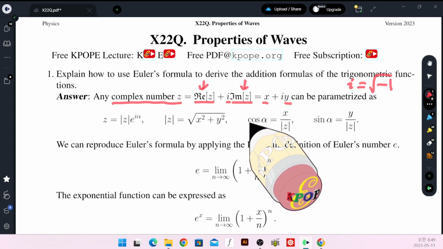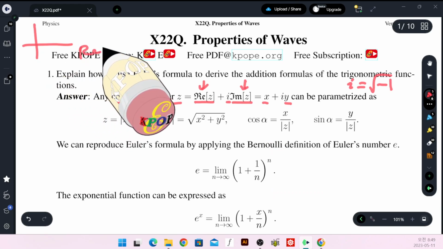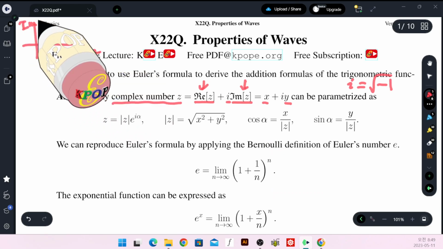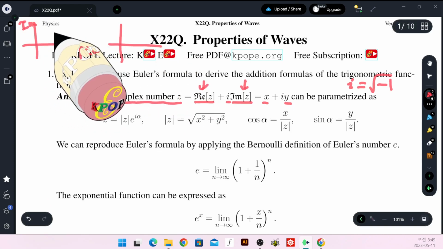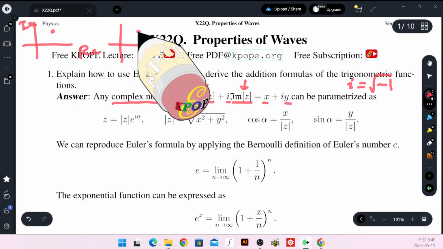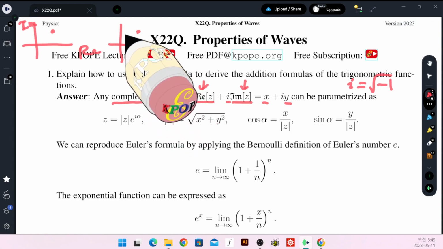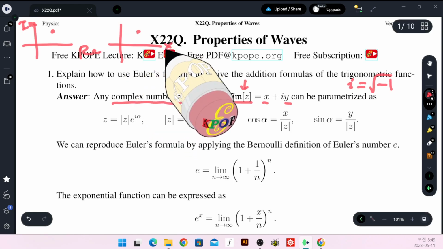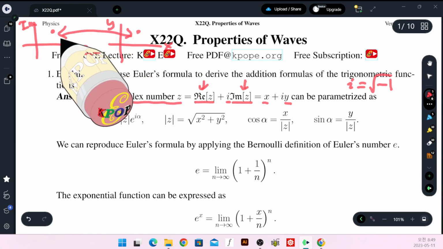So a complex number, with its real and imaginary parts, and a point in the two-dimensional Euclidean space expressed in terms of Cartesian coordinates have a one-to-one correspondence.